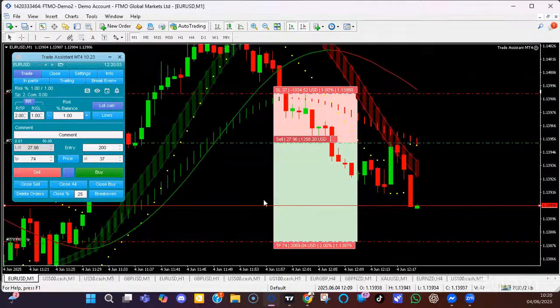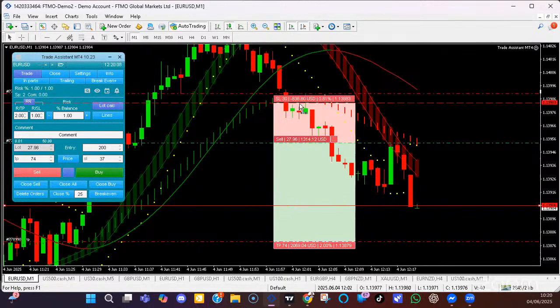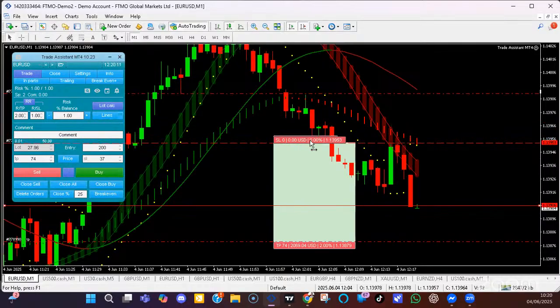And now, whatever happens now, because we've broken the imbalance, I'm going to put my stop loss to break even for a break even trade, because the parabolic SAR now is on my entry level.